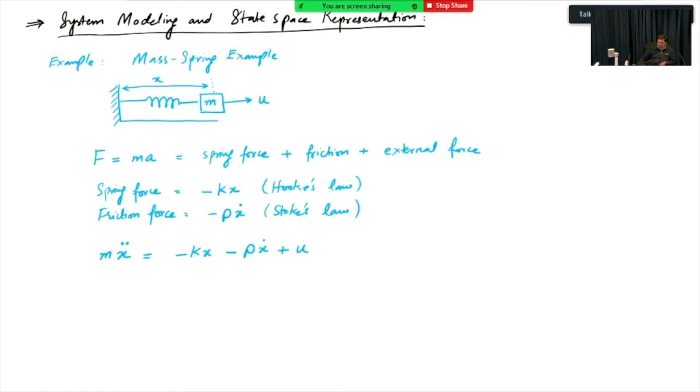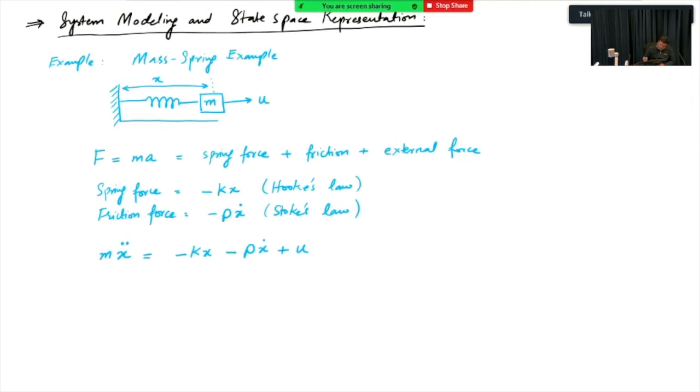So this is just an example here to show you how we can get to state space, but you will not be required to do any of the modeling in this course, because this is a topic beyond the scope of this course. You can find models, but the whole idea is to understand how the output changes when you change the input.